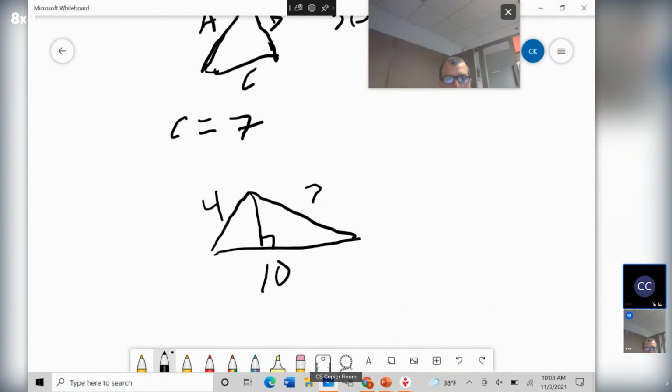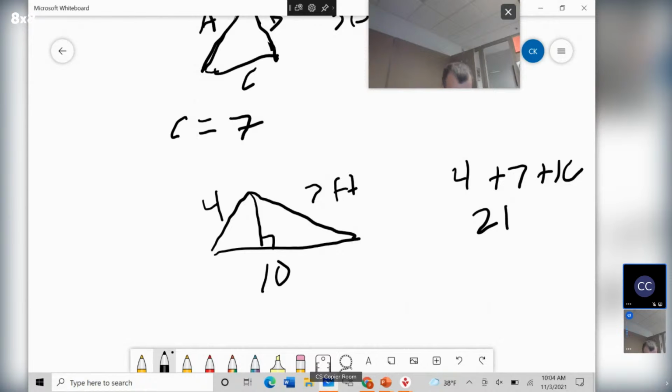Well, if it asks you to find the perimeter, you're going to add the 4 plus the 7 plus the 10, and it's going to be 21, and we'll say feet here. It's just adding all three of the sides together. That's how you find perimeter, okay? So perimeter is pretty straightforward. You're just going to be adding all three of the sides together, okay?